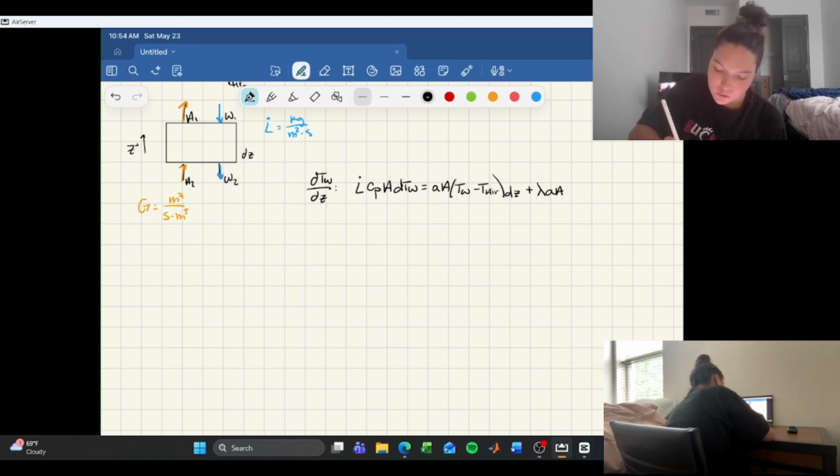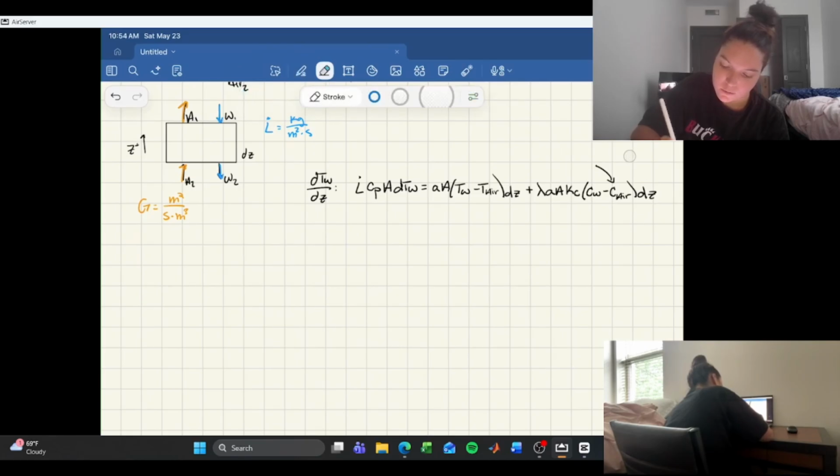And then we're going to multiply that by the mass transfer coefficient times the concentration of water minus the concentration of air, times dz. And this concentration of air is really the water vapor in the air.